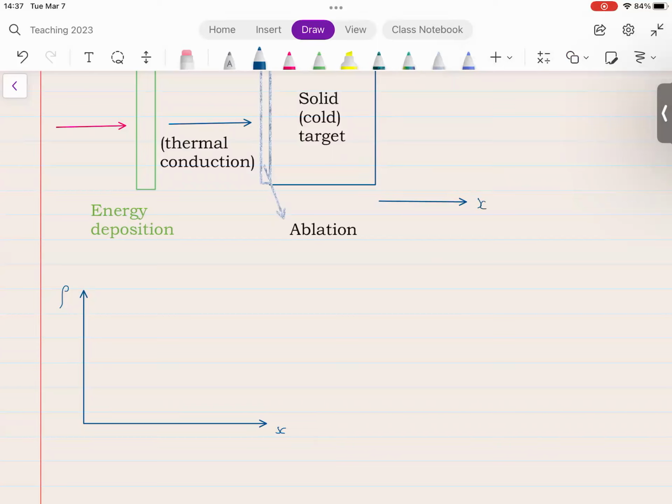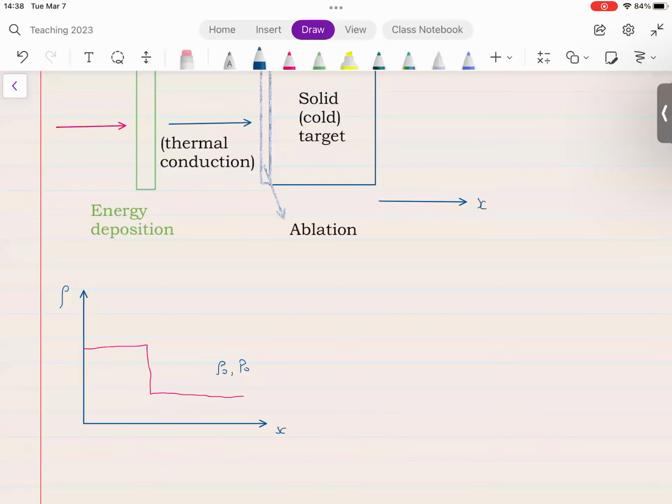This direction is x. I have a compression wave. I'm not going to worry too much. I'm just going to make it this way. It's my compression wave. This is my initial state, rho naught and p naught.